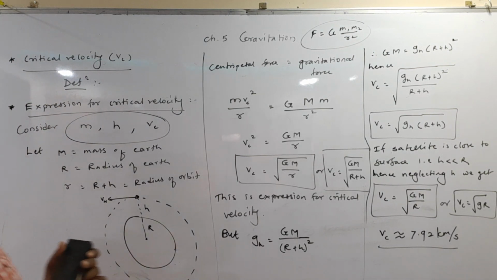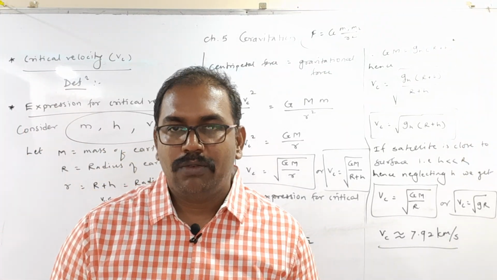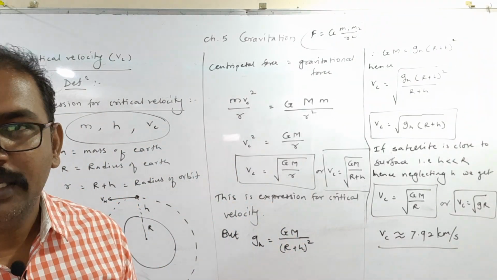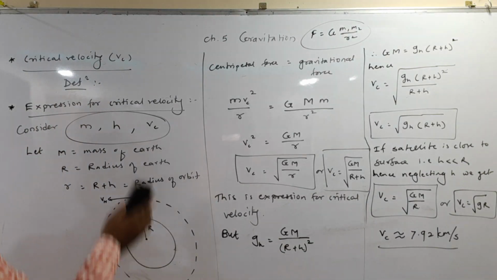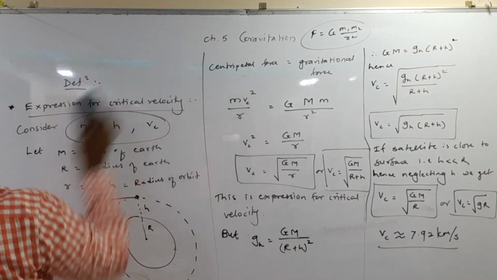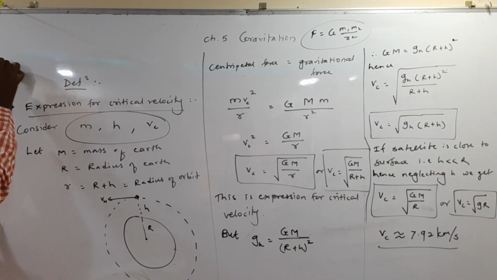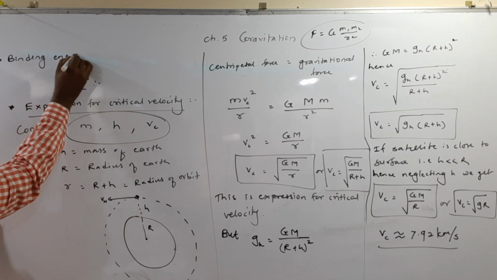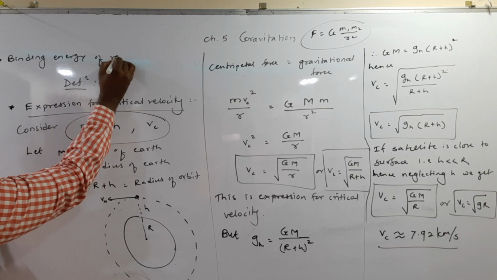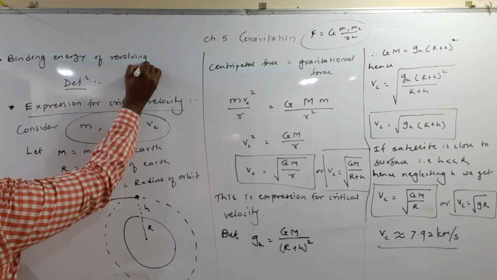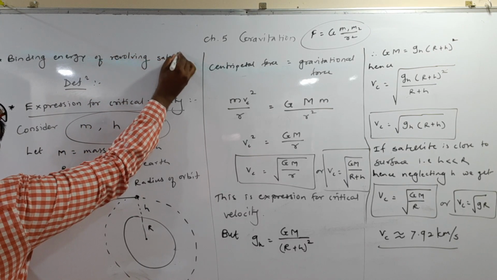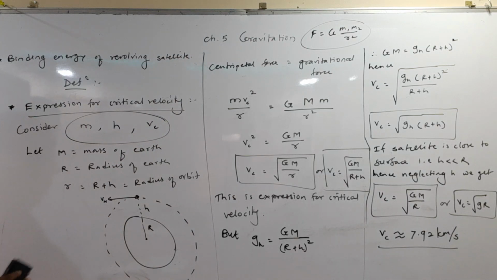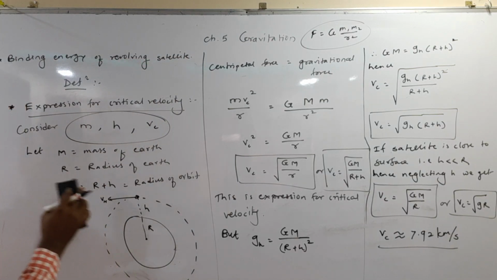Now after critical velocity, we have to learn the next article, and it is binding energy of revolving satellite. Now listen here.